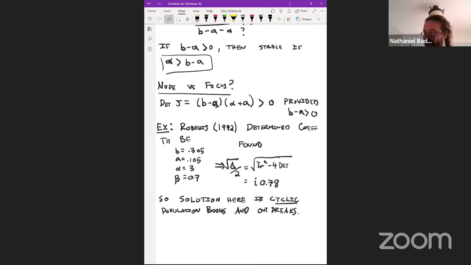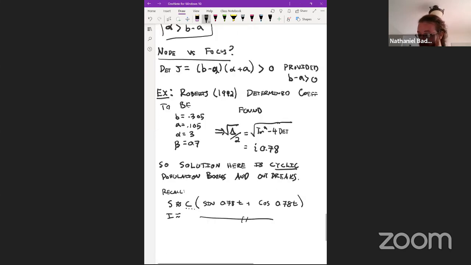Because if you think about it, the solution is going to look like S equals some junk times sine of 0.78 t plus cosine of 0.78 t, roughly. And I is going to be roughly the same.